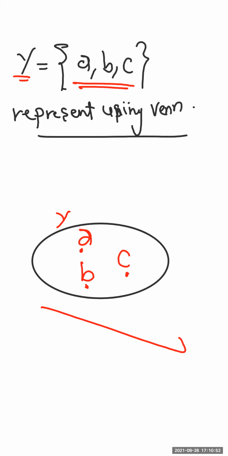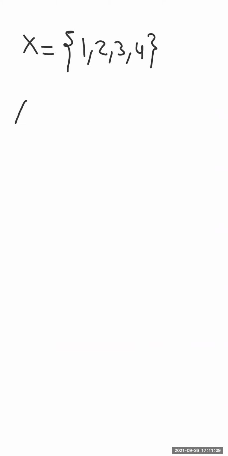Okay, now concentrate with me very well on the next point. Actually, it's very important. If there are two sets like that, X equals 1, 2, 3 and 4, and another set Y, which equals 3, 4, 5 and 7.